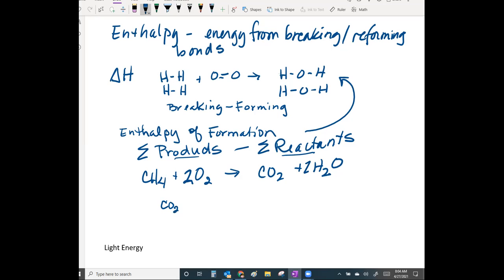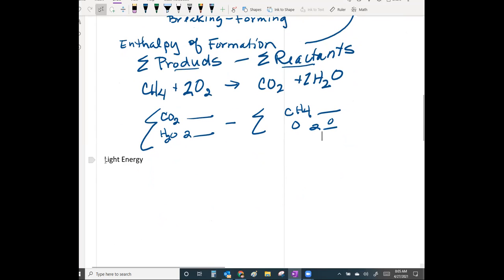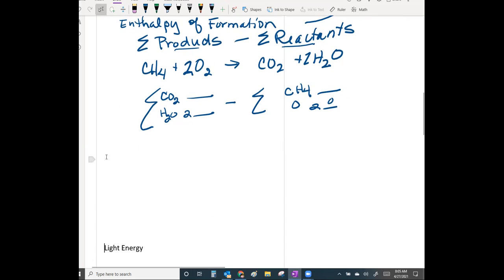So whatever the energy is to make 1 mole of carbon dioxide, and then the energy to make 2 moles of water, and that you would sum up, and then you would subtract from that the reactants, so it would be CH4, and then 2 oxygen, which would be 0 because oxygen's an element. Okay? Hopefully that makes some sense. And we did several worksheets on that.